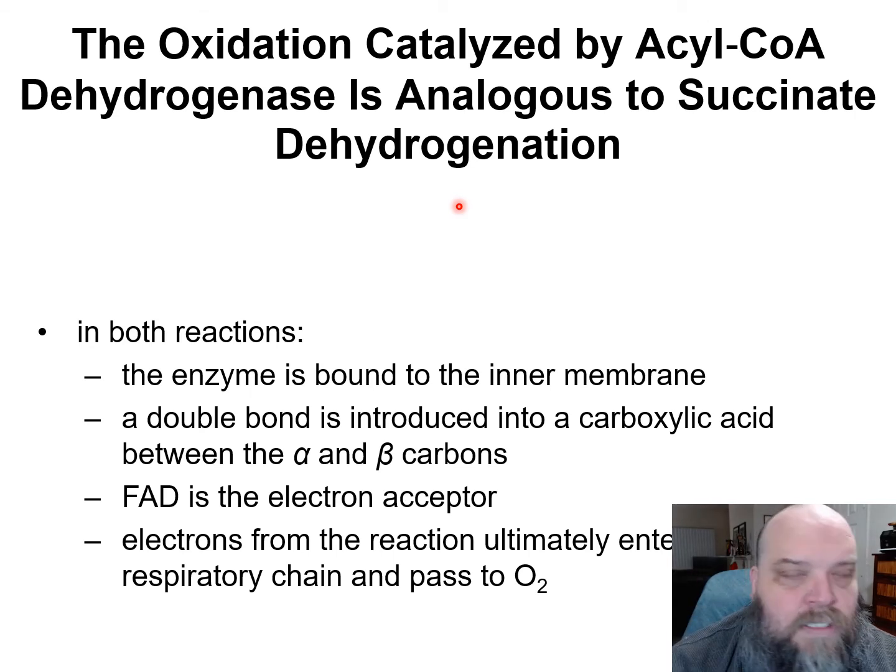Yes, we see roughly the same thing here. You're going to have enzymes bound to an inner membrane, double bond introduced into carboxylic acid between the alpha and beta carbons. Going to strip off some hydrogens. They're going to go into the respiratory chain later.